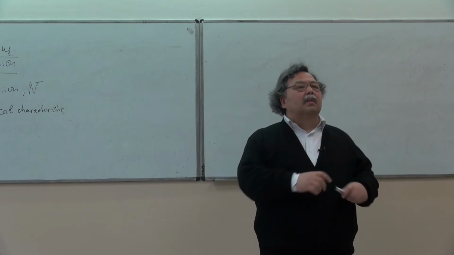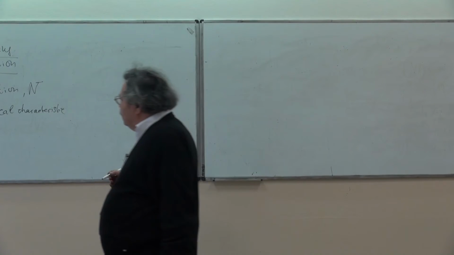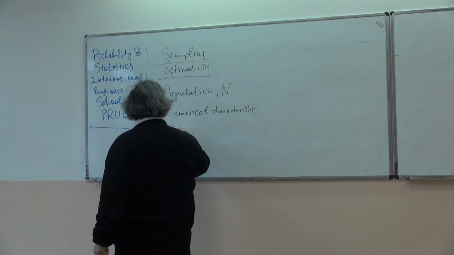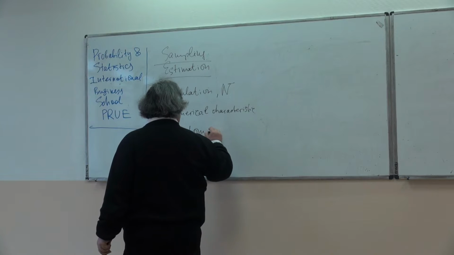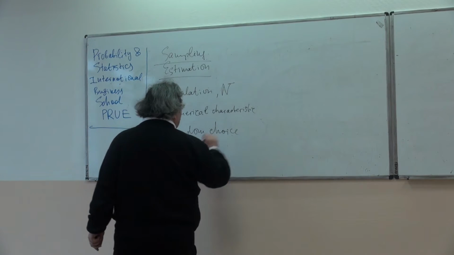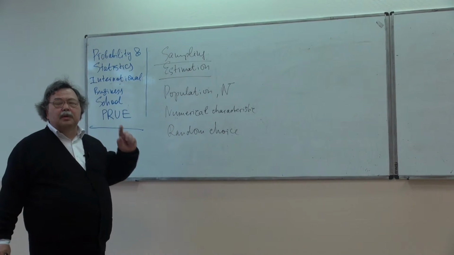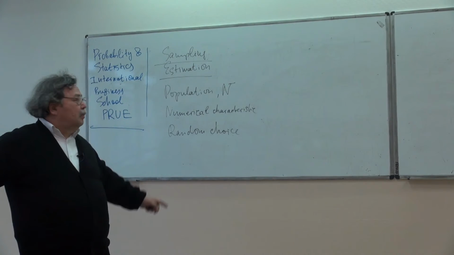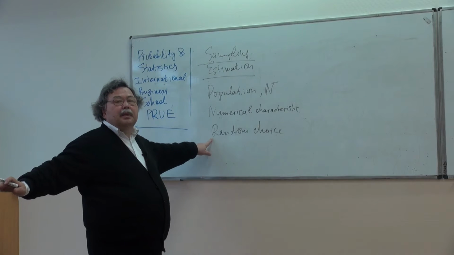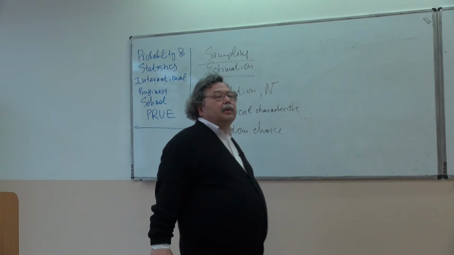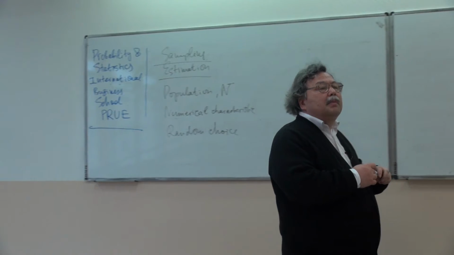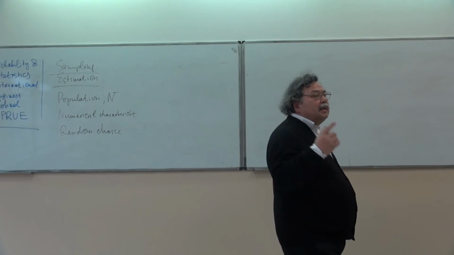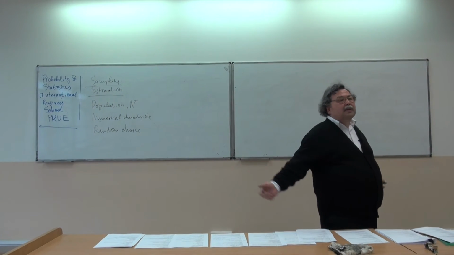Okay. Now then we say this. We perform what is called a random choice. Suppose first we talk about choosing just one member. Now, what exactly does this mean? What is random here? Random means that each member of the population has the same probability to be chosen. Simple enough.